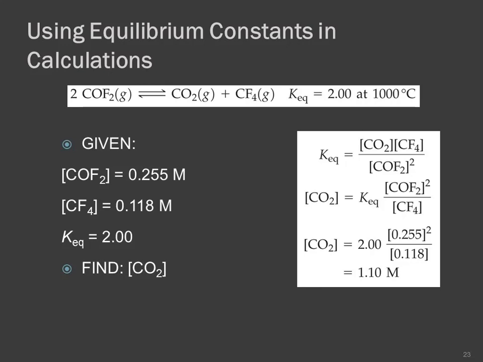So here we're given the reactant and one of the products, and we're given the equilibrium constant, and they're asking us to find the concentration of the remaining product. So we write the equilibrium expression. It's the products raised to the powers of their coefficients divided by the concentration of the reactant raised to its power. And then we're trying to solve for this one.